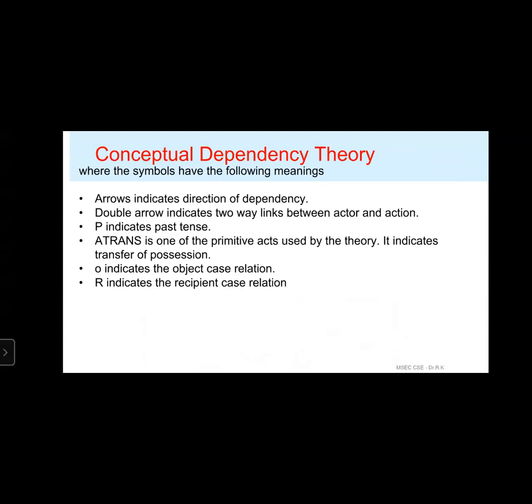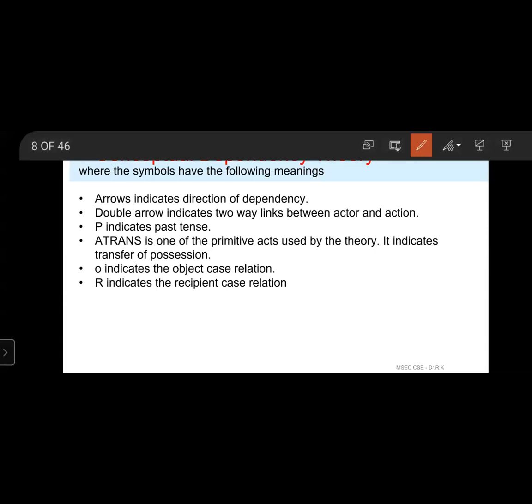Where the symbols have the following meaning. Arrows indicate direction of dependency. Double arrow indicates two-way links between actor and action. P indicates past tense. A trans is one of the primitive acts used by the theory.